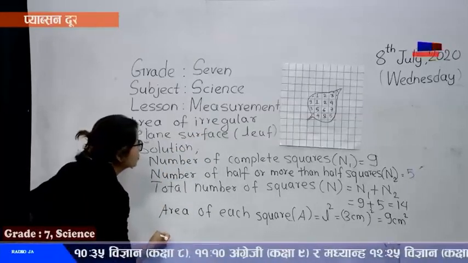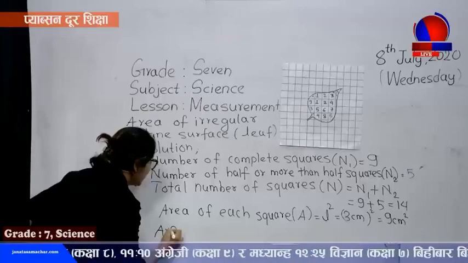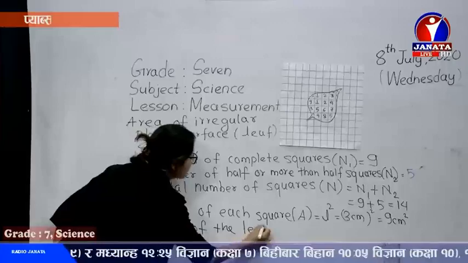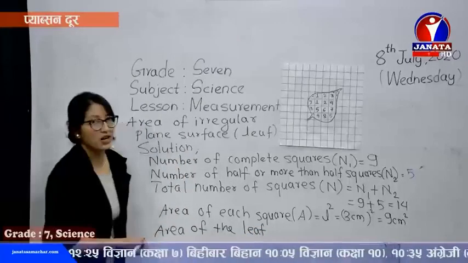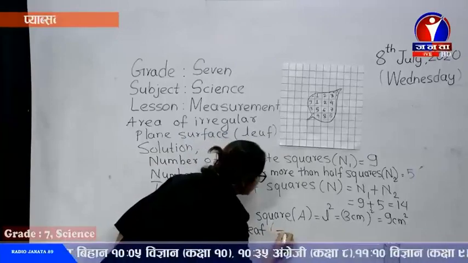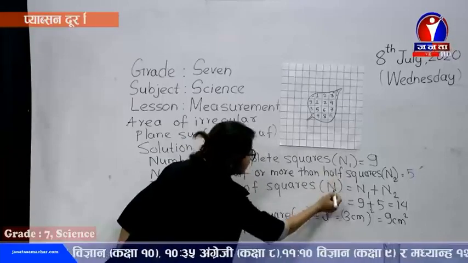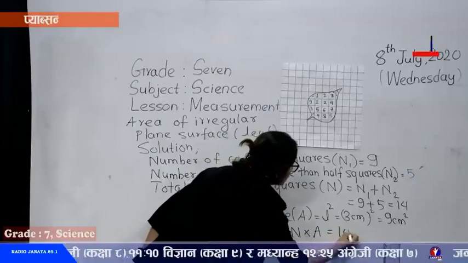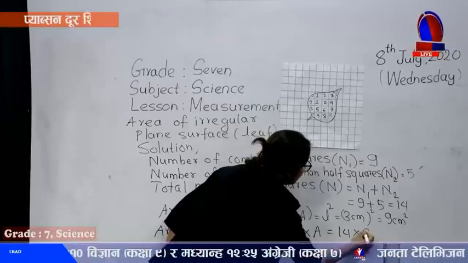Okay, if I write here, I think it would be visible. Area of the leaf, or the plane surface area of the leaf, is n times A. So it's 14 into 9.